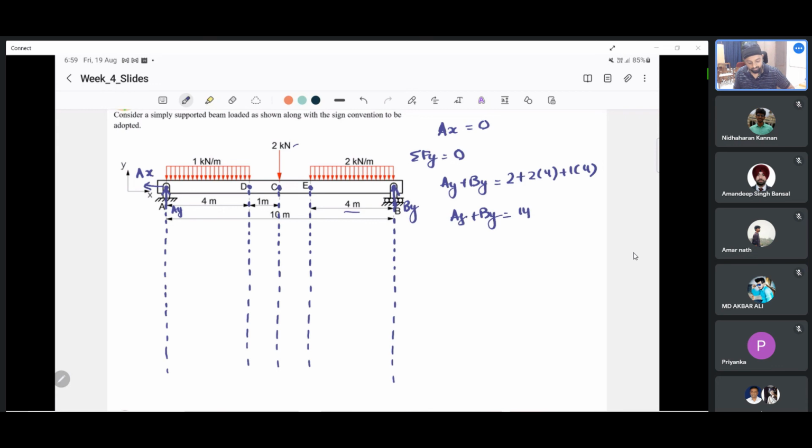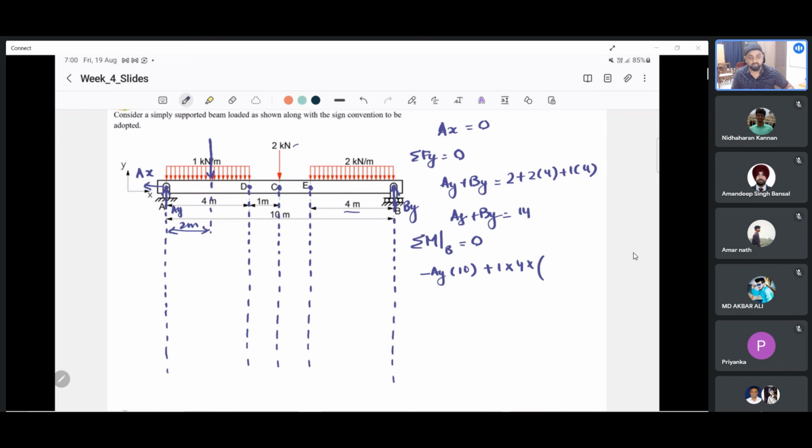Now I will directly write the equation of Ay by taking moment at B. If you want, you can write with me to get it clear. So it will be minus Ay into 10 plus 1 into 4 into what will be that distance. 1 into 4 is a force applied here at the center of 4, so this is 2 meters.